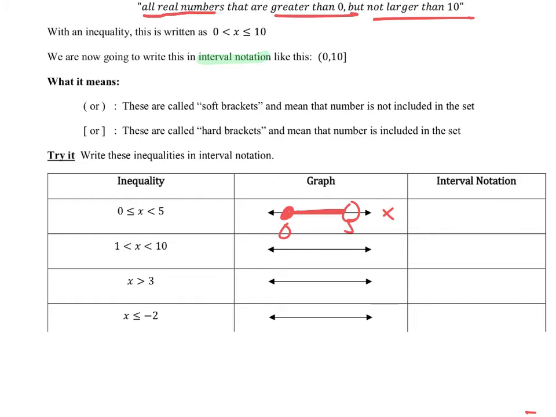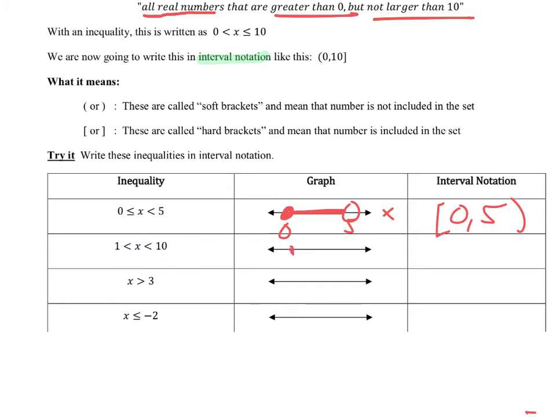So in this case, we would say these are the numbers from 0 to 5. 0 is included, so it gets a hard bracket. 5 is not, so it gets a soft bracket. Make sense? Then something like what we did earlier, but this is different than the one we had here because notice 1 and 10 are not included. So this is the numbers bigger than 1, less than 10.